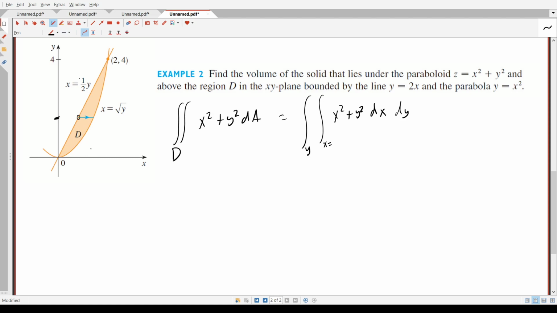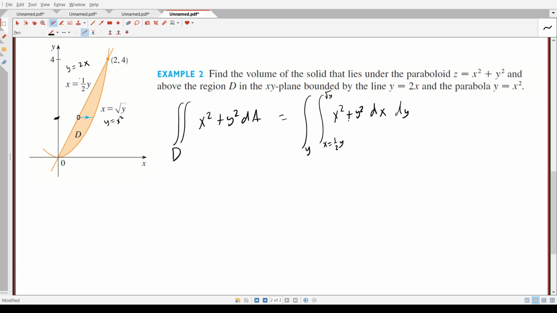That's here. So this is the line x equals 1/2 y. We just solved for x. And this over here was y equals x squared. So the minimum value of x is x equals 1/2 y. And then the maximum value of x, again we solve for x, and we get x equals square root of y.